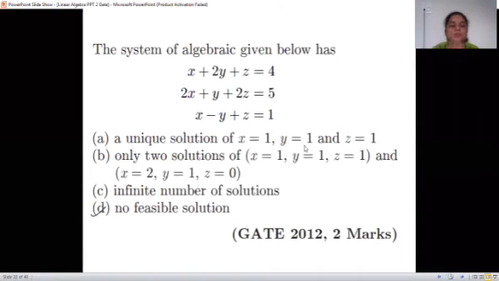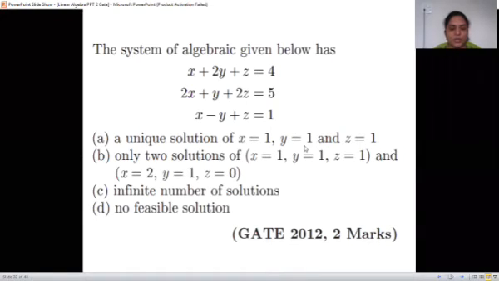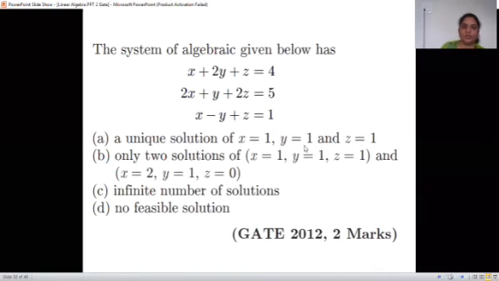Anyone else? No feasible means you are getting rank of A not the same as rank of AB. Okay, Prajakta, you're saying C. Okay, let us check. Anyone else? Or should we go towards the answer?